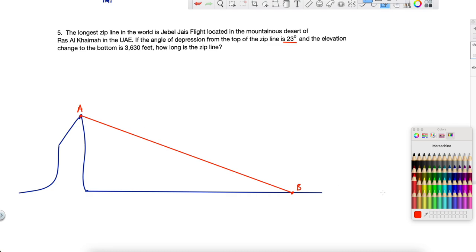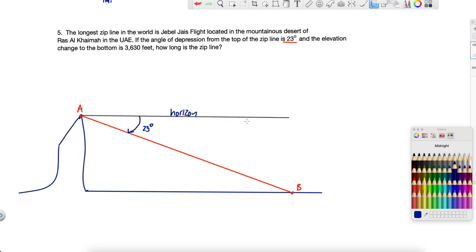So remember how that works? That goes from the horizon. That's the horizon right there, going down. This angle is 23 degrees. Yep, 23 degree angle of depression from the horizon.